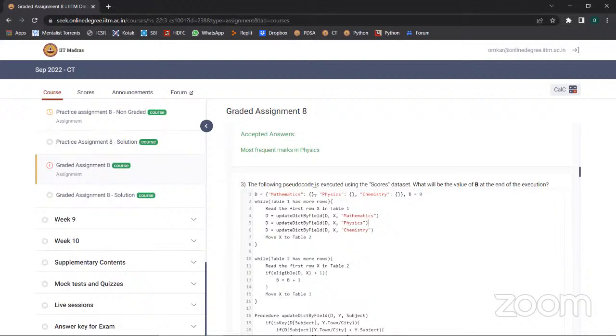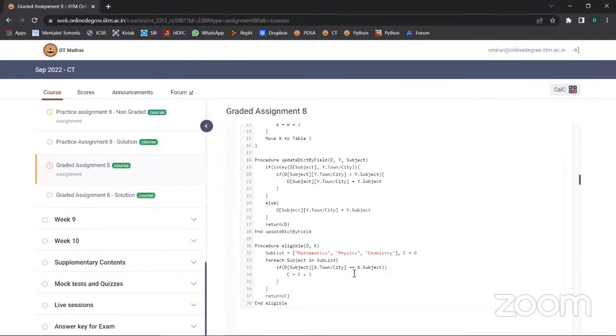Like Chennai, some number, Bengaluru, some number, Vellore, some number, and so on. Similarly for physics, similarly for chemistry. All three subjects in one dictionary. It's a nested dictionary. It's a dictionary of dictionaries where outer level keys are subject names and inner level keys are city names.